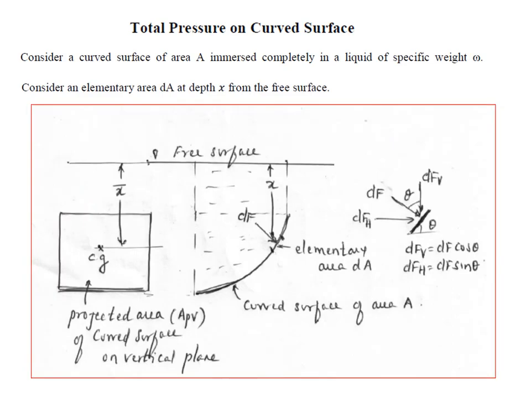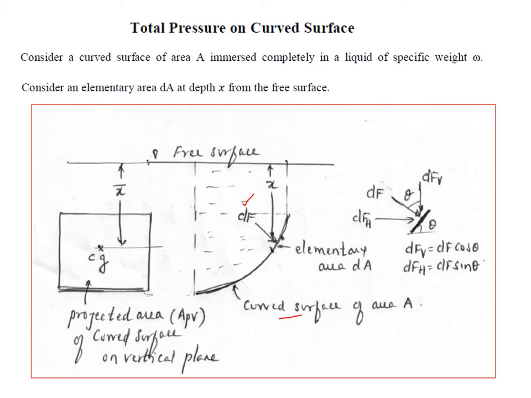This is the curved surface of say area A, and now you consider an elementary area out of this curved surface, which is shown here, and the force acting on this elementary area is dF. You know that the pressure force will be normal to the surface.